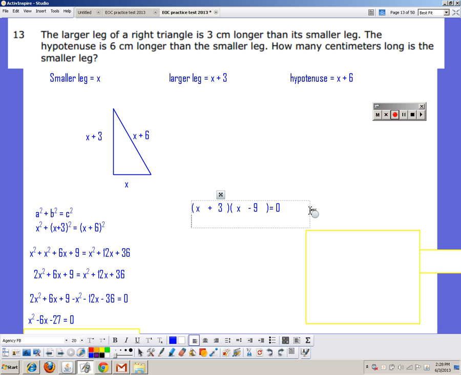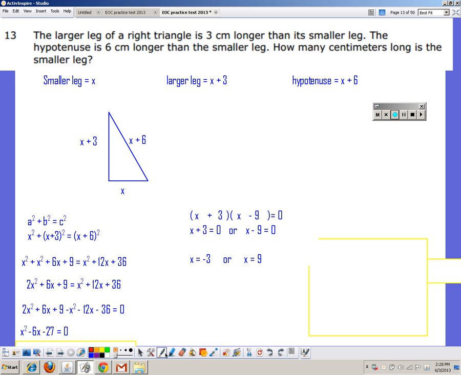Next step is set both of these equal to 0, so we can solve this. In the first one, instead of adding 3, we're going to subtract 3. So x equals a negative 3, or x equals a positive 9.